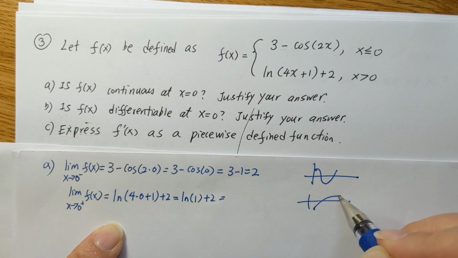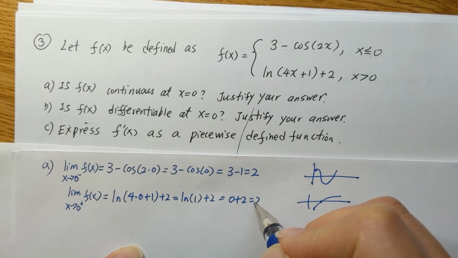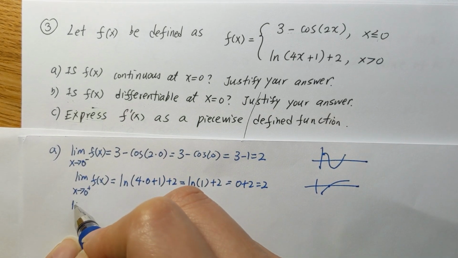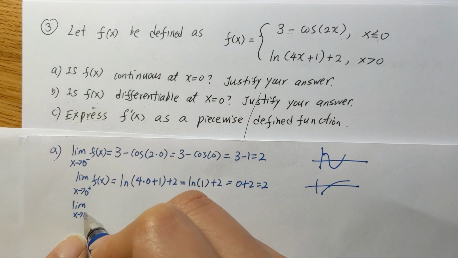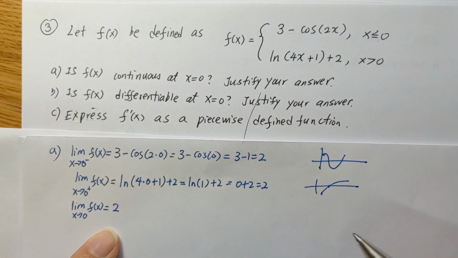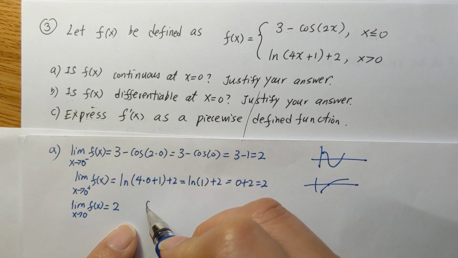So ln 1 is going to be 0. So your left hand limit equal to right hand limit. So we're going to say the limit as x tends to 0 of f of x equals the same number, 2. So the limit exists.